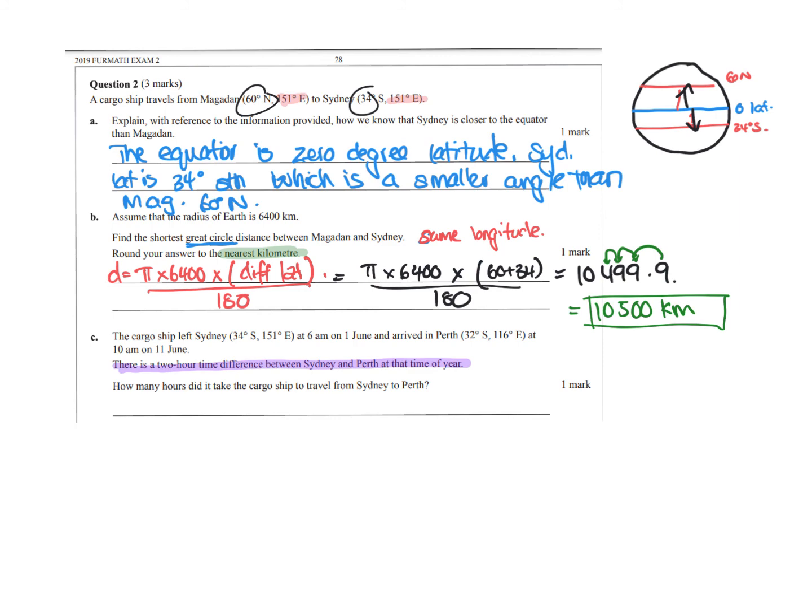So there, you don't have to work out how much time difference there is. They've told you. So there's a plus or minus 2-hour difference, depending which way you're going.